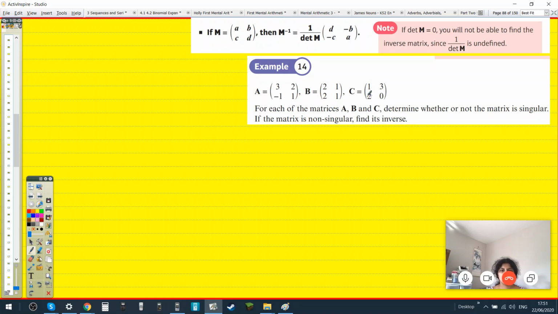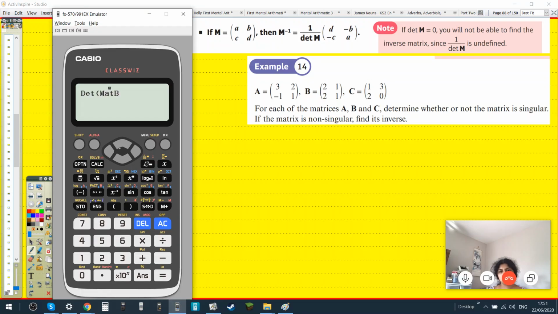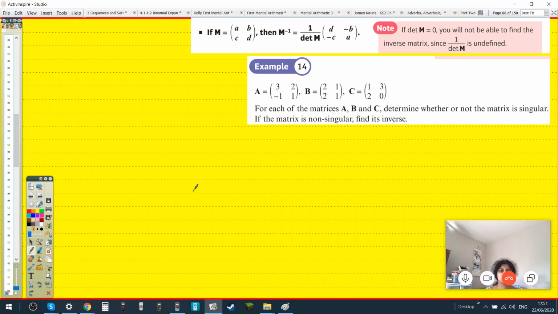So I'd calculate these. The first one is not singular, so that's non-singular. The second one we didn't do, and the third one is not singular.